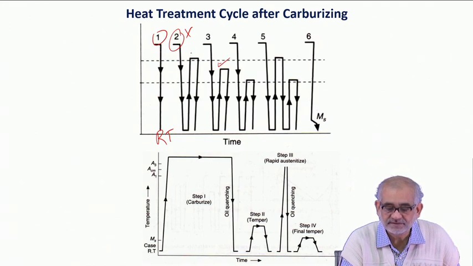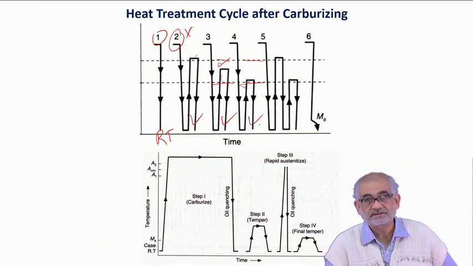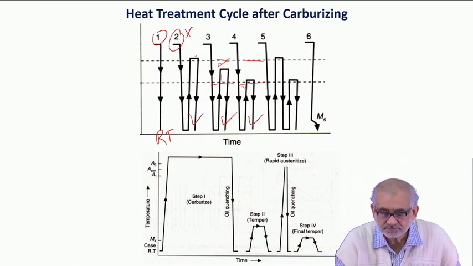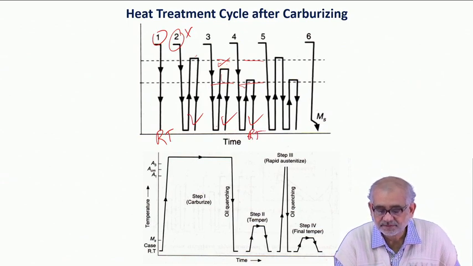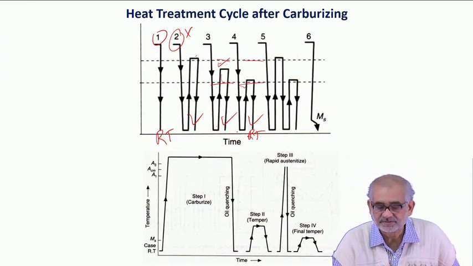So first we heat to a much higher temperature, and then we can repeat a similar hardening treatment for the surface, which could be either between AC1 and AC3 like here, or just above AC1. And when we quench, in all the cases we are sharp quenching, so that there is no time lag, and we come to room temperature drastically, so that we are able to convert austenite into martensite.